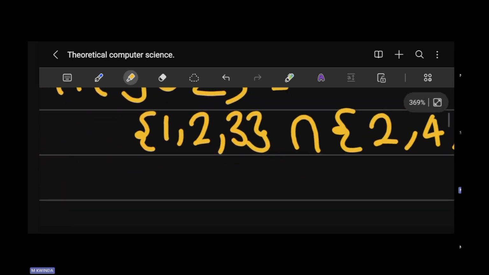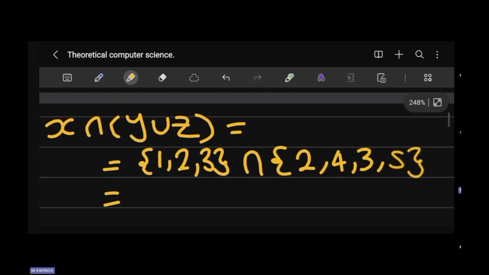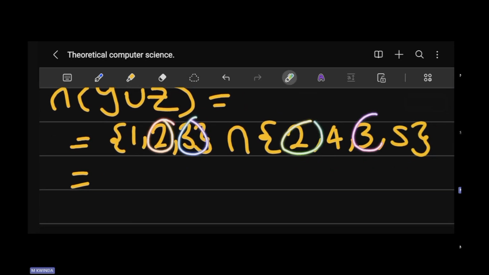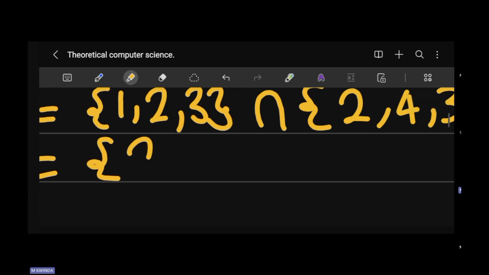And obviously if you're dealing with and, you want to take everything that's in both. So everything that's in both in this case would be 2 and 3. So we have 2 here, we have 2 there, we have 3 here, and 3 there. Right? So this is 2 and 3.